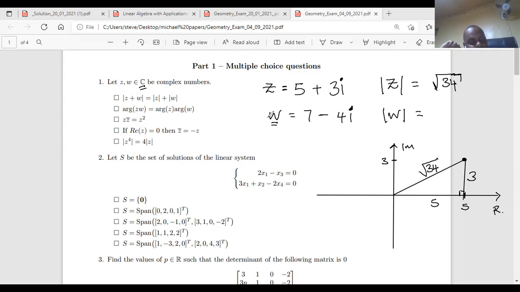So it's the square root of 7 squared plus 4 squared, which would be 49 plus 16. So it would be 65, square root of 65.